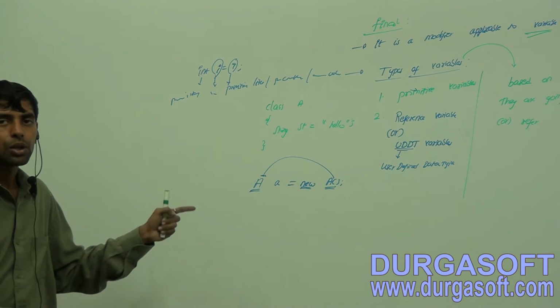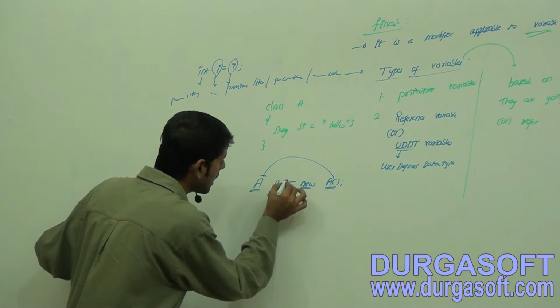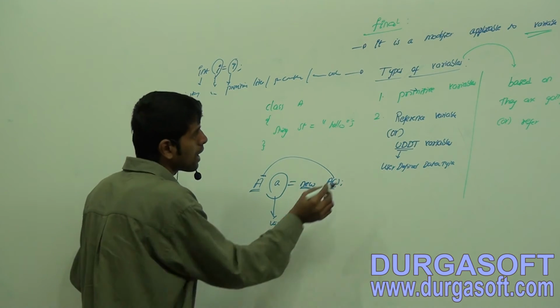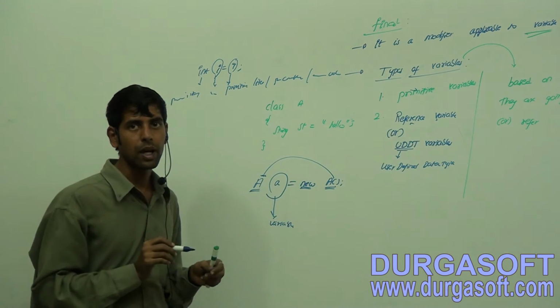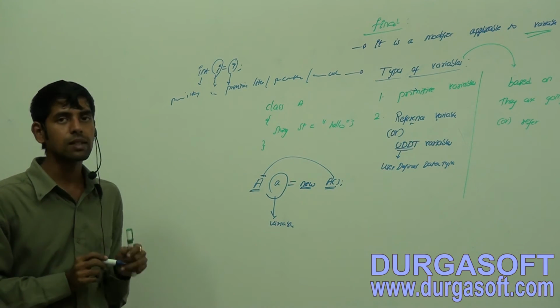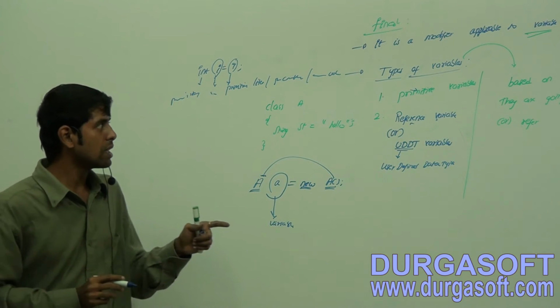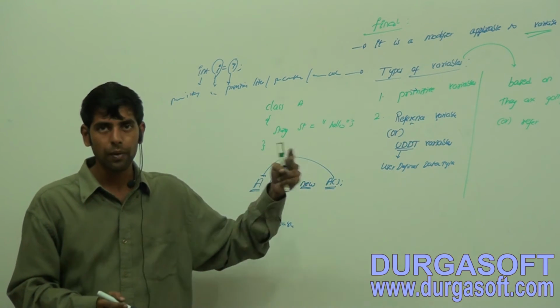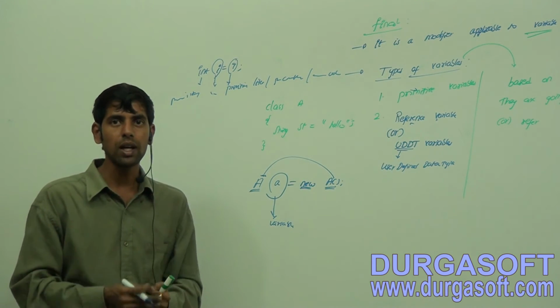This is a user defined data type variable or a reference variable. I hope you get this one. These are the two types of variables which exist in Java.